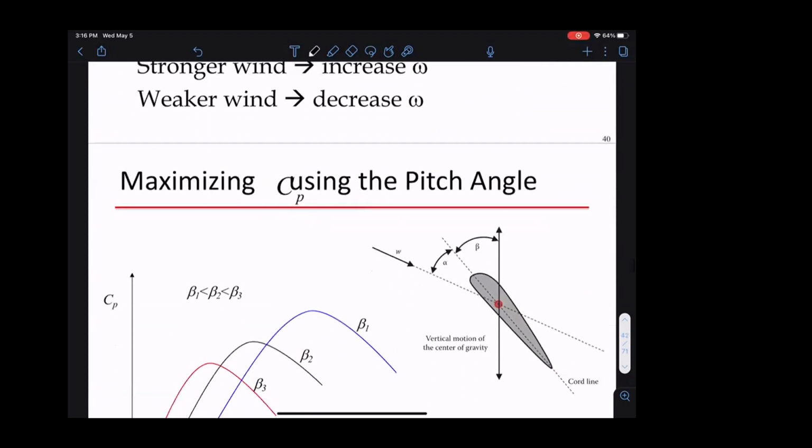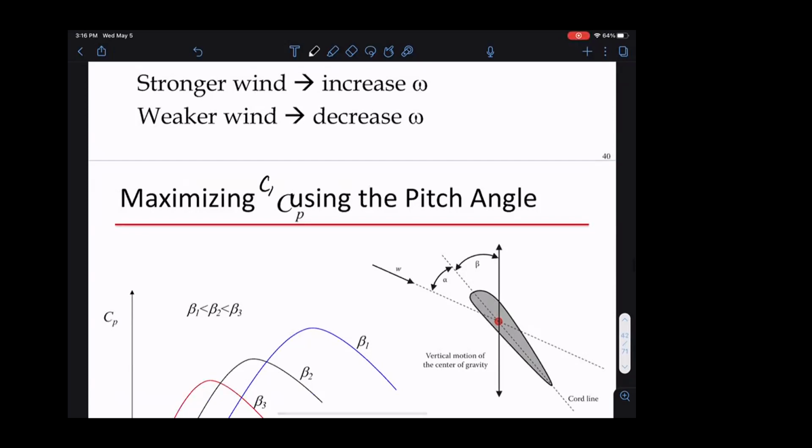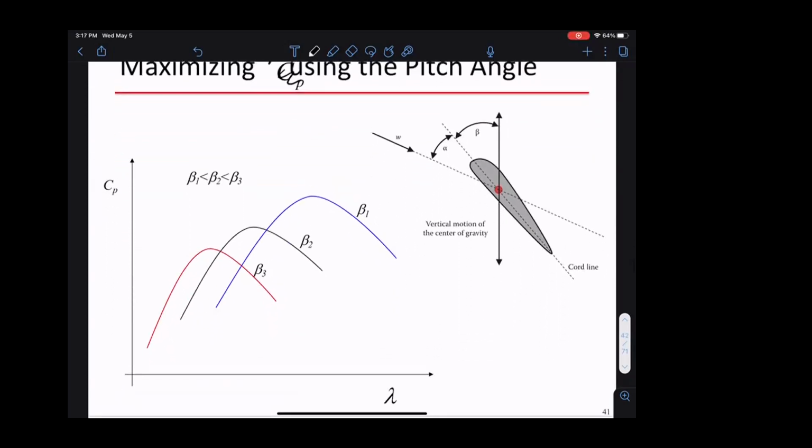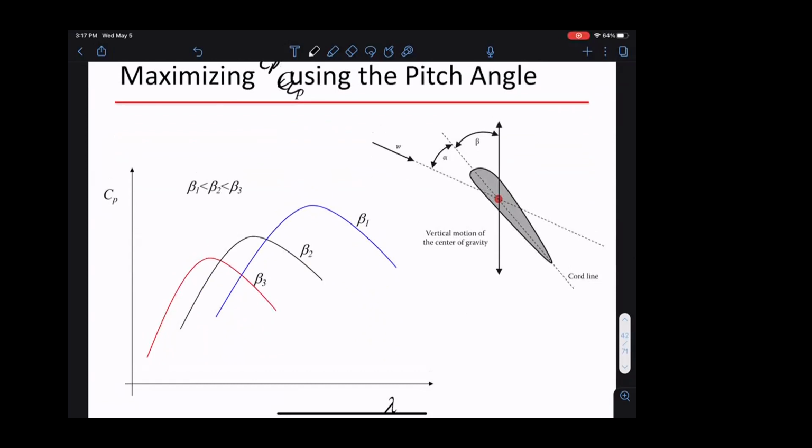So you want to change CP using the pitch angle. If you change your pitch angle, then for different pitch angles, this lambda with respect to CP curve changes. If I change the pitch angle, this whole curve moves around.